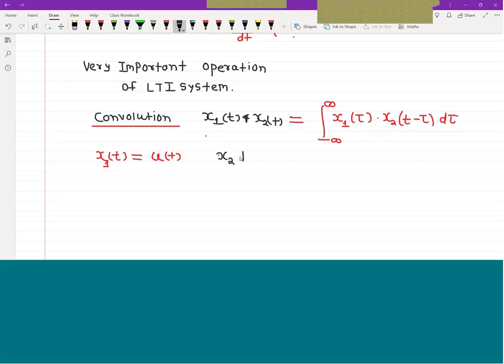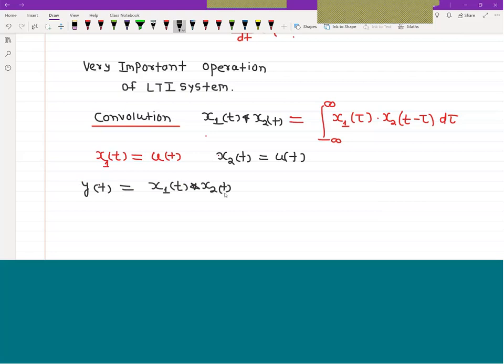And x2(t) is also equivalent to u(t). We want to convolve this signal. I want the operation y(t), and y(t) is given by x1(t) convolution with x2(t).